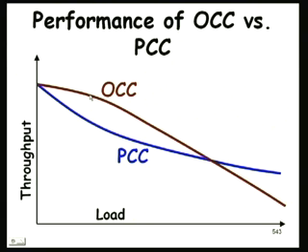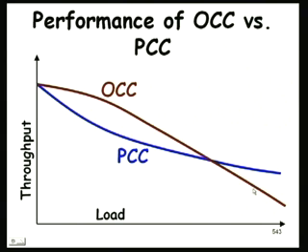But as the load increases, the performance of OCC drops, and the PCC, the pessimistic control protocol, also drops, because as the load increases, more and more conflicts are detected and transactions have to wait for acquiring resources. But after some time, the pessimistic protocol leads to better performance than the OCC, because here too many aborts are taking place.